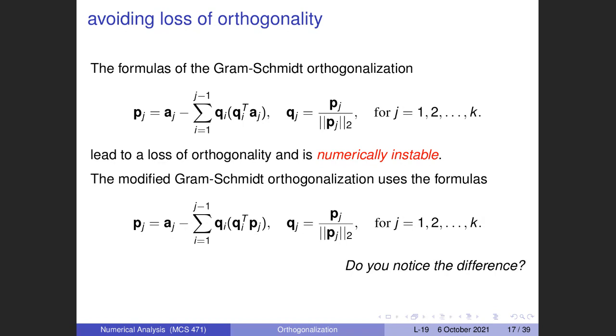So the difference here is that instead of continuing to use the original columns, you actually use the new columns. So actually we are using the vectors that have been made orthogonal. That is the main difference of the method.